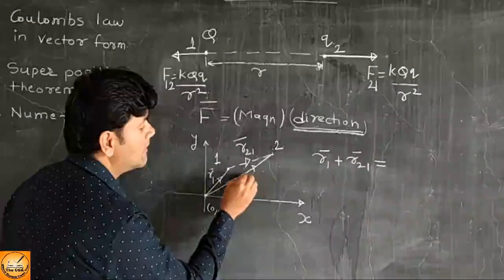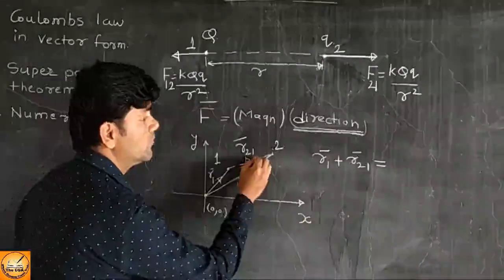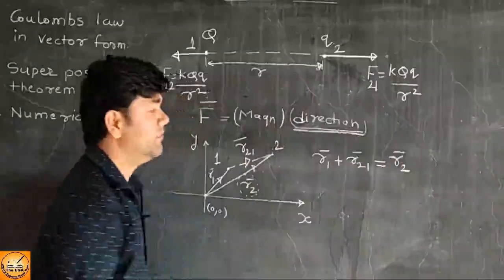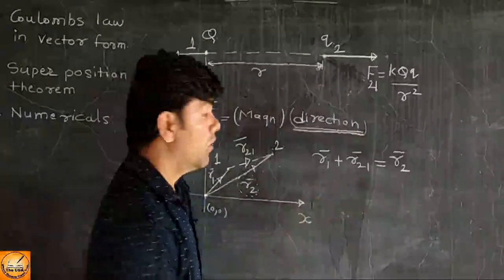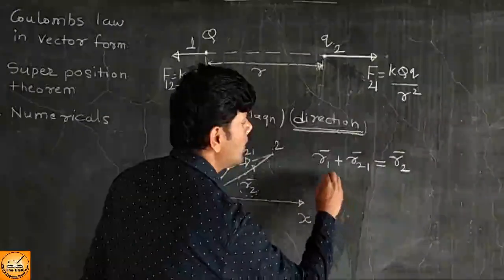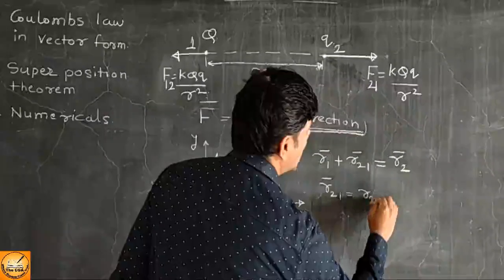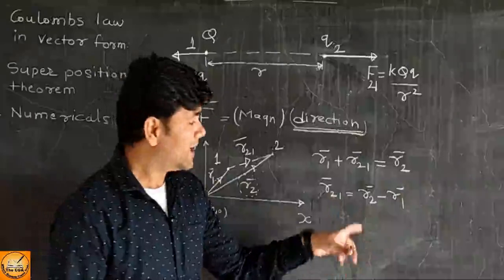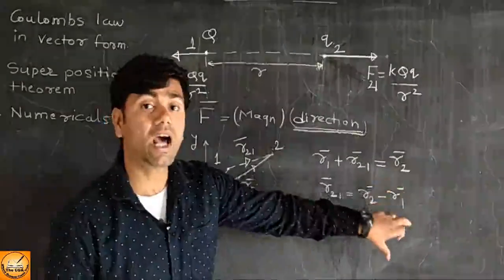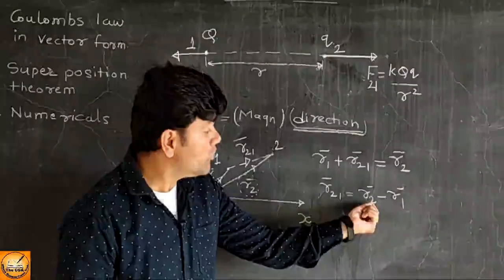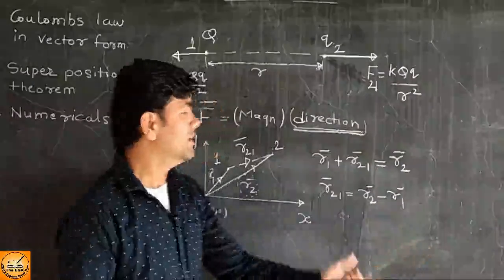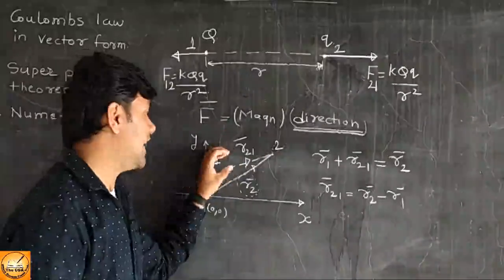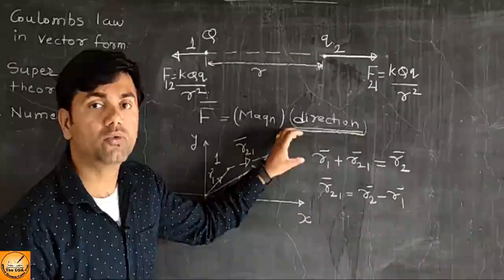So this will represent the resultant of these two. Basically, if I want to find the R21 bar vector, R21 bar will equal R2 bar minus R1 bar. In this case we get R2 bar first, then R1 bar, meaning the position of 2 with respect to 1. We are standing on 1 and watching towards 2.